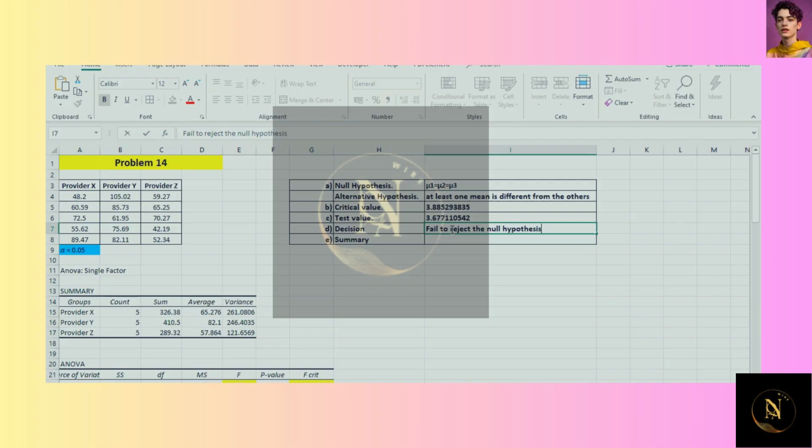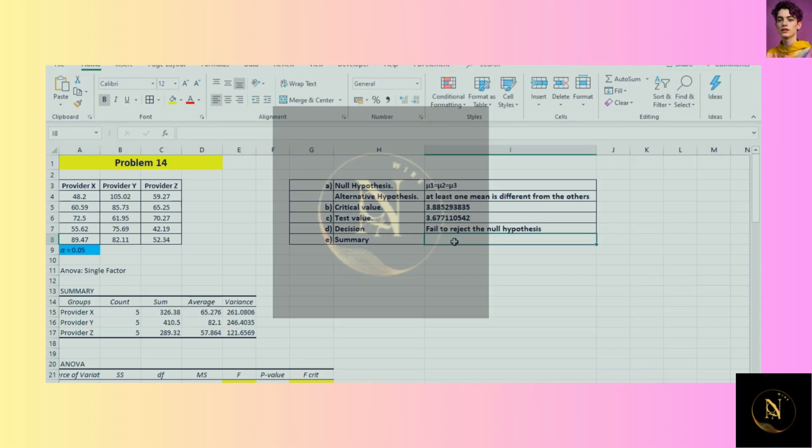And when we fail to reject the null hypothesis, this implies that there is not enough evidence to support the claim that at least one mean is different from the others. So this is to say that these three providers have the same mean bill amount.